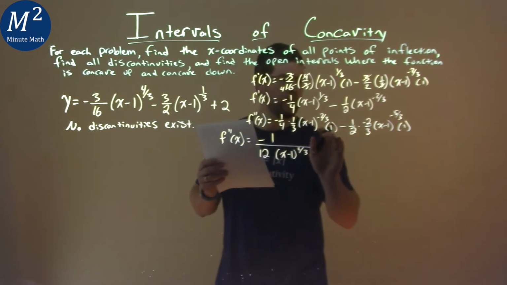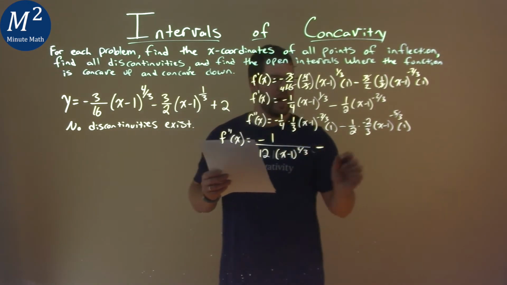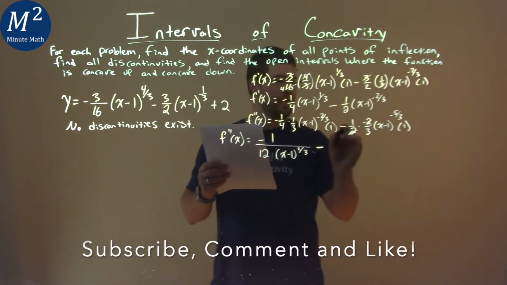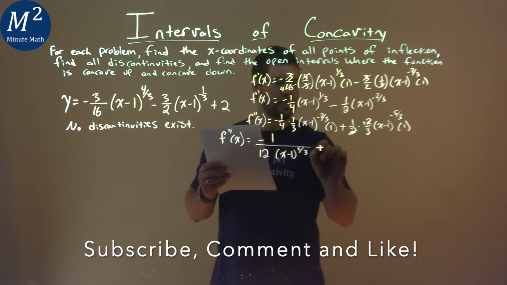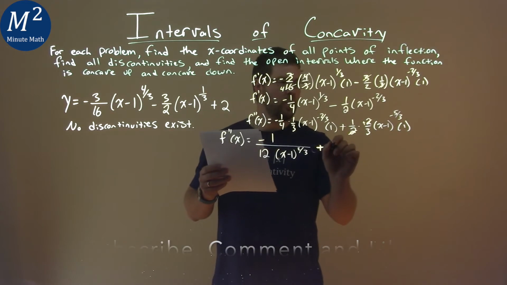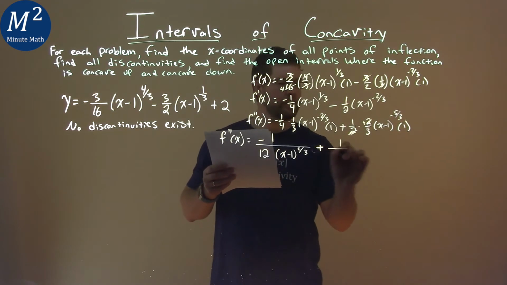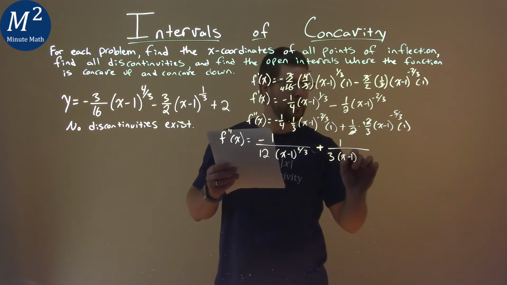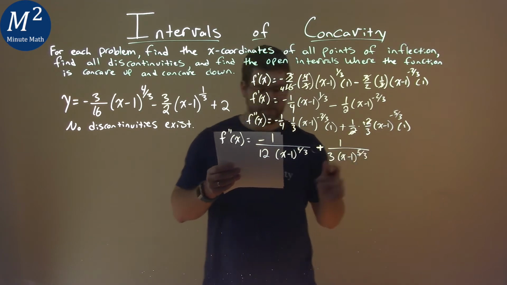I don't really care about that 1 here either. Well, the 2's cancel. That's always nice. And actually, we're going to be adding, because negative times negative becomes a positive. So we have 1 in the numerator left over, and a 3 left in the denominator, with (x minus 1) to the positive 5/3 power.